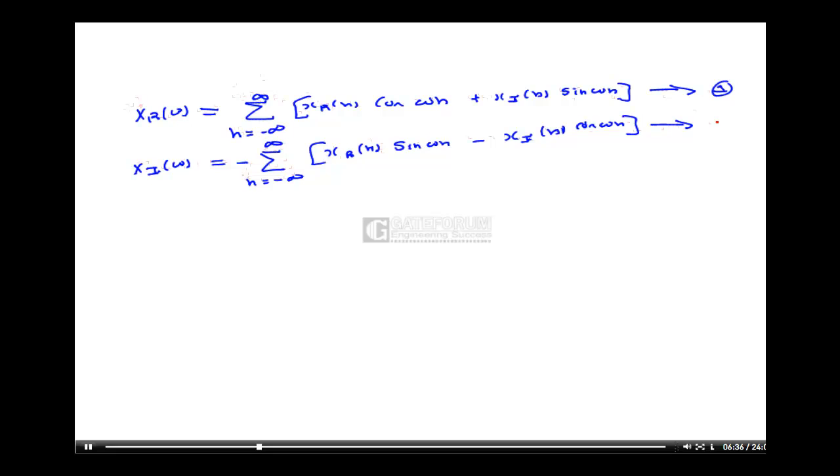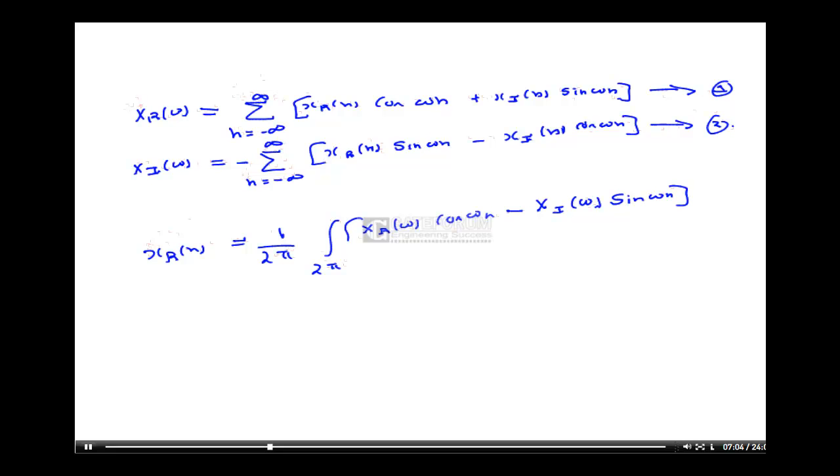Let this be equation number 2. Okay. So similarly I can write the equation for x_r[n] from the synthesis equation: 1 upon 2 pi integral over 2 pi of X_r(omega) cos omega n minus X_i(omega) sin omega n, whole d omega.